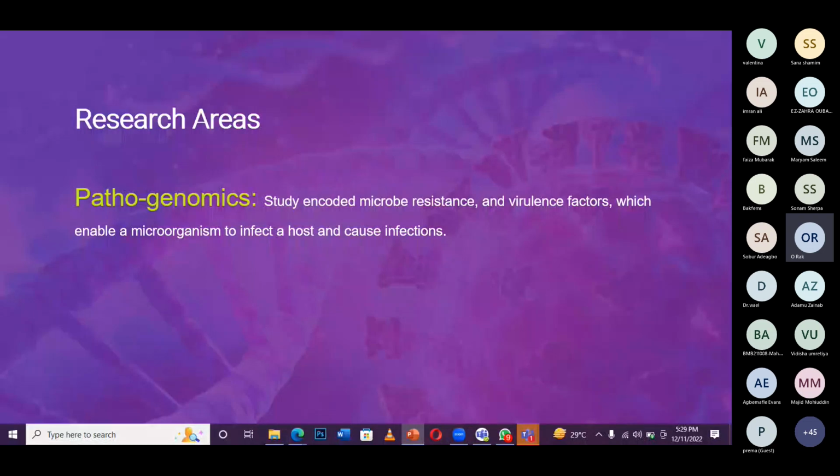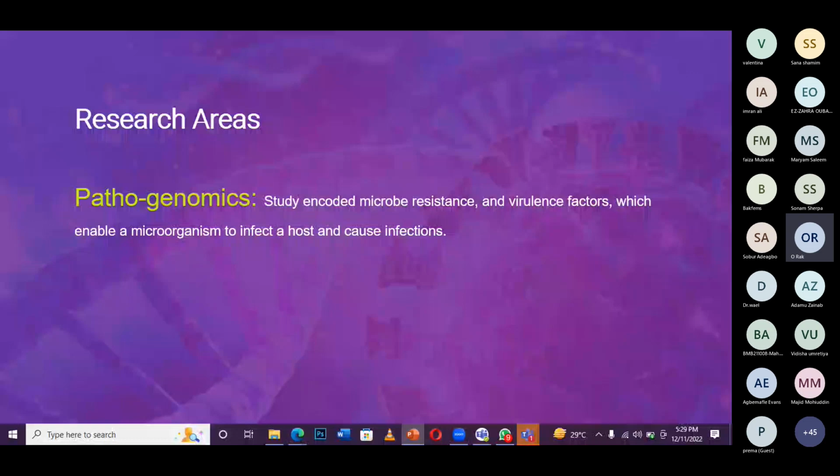Then you streamline your research to specific genes of interest or specific proteins that are expressing the virulence nature of the pathogenic bacteria to cause the cancer.